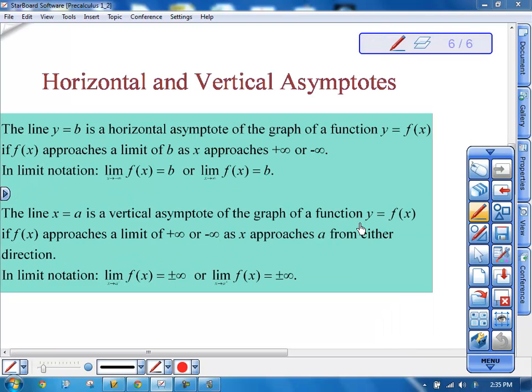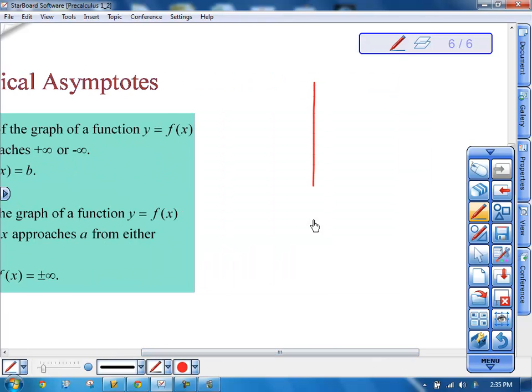We'll also deal with horizontal and vertical asymptotes, which brings us to limit notation. And this might be the first time you guys have seen this. What this means: as x goes to negative infinity, the function equals a value, and as x goes to positive infinity, the function equals a value. Let me give you an example.